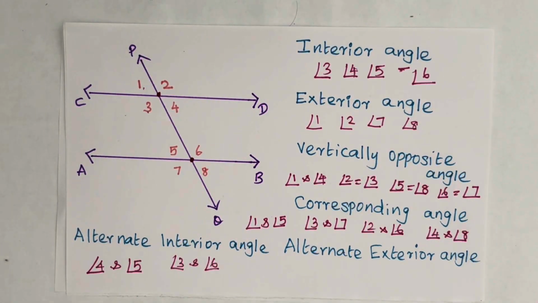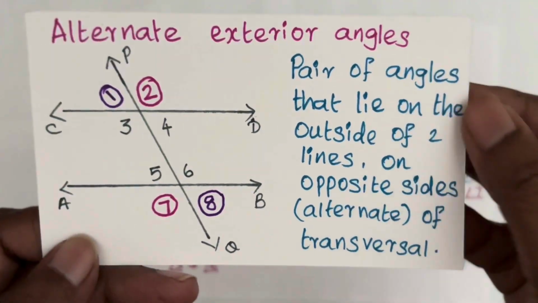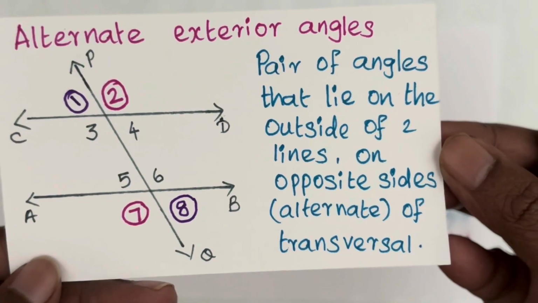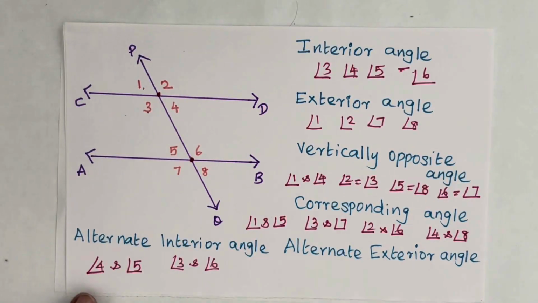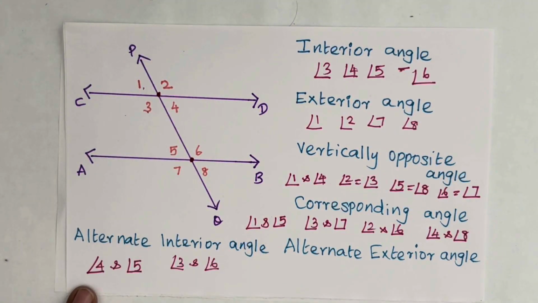The last one, the alternate exterior angle. A pair of angles that lie on the outside of the two main lines but on the opposite side. Same as before, 1, 2 and 7, 8 are the exterior angles.